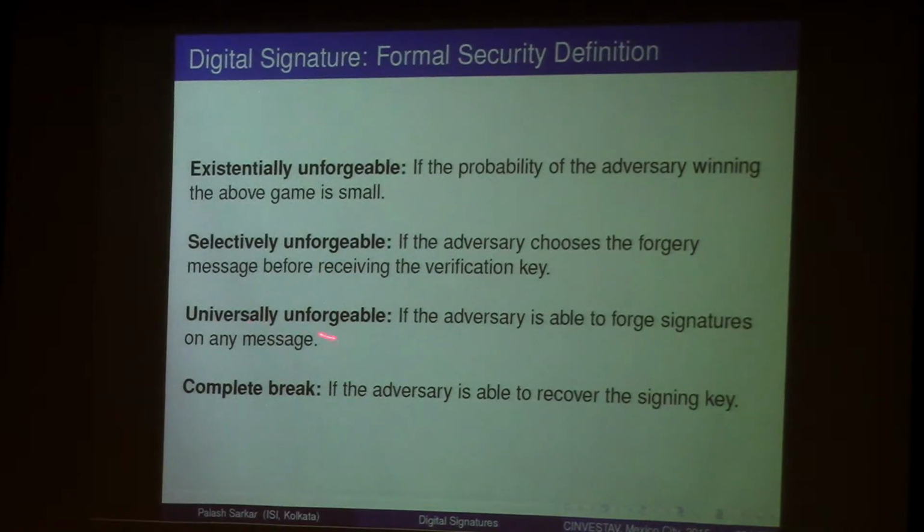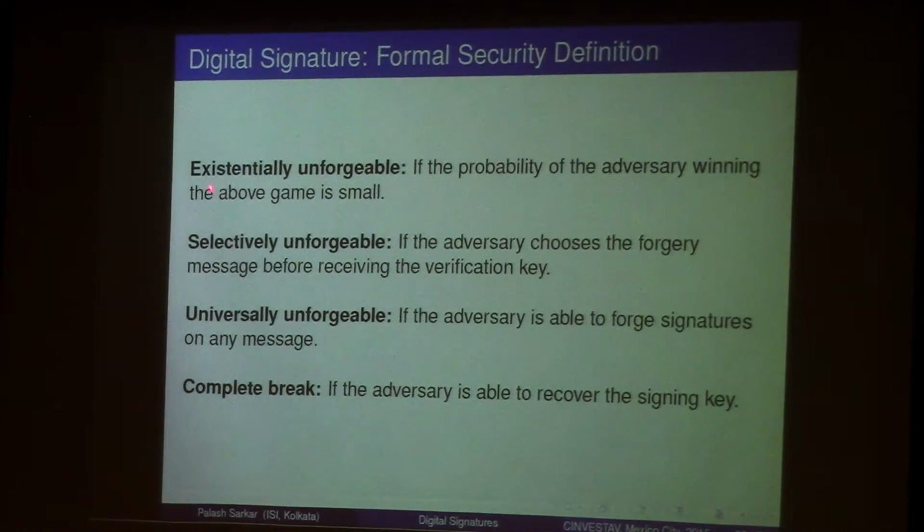Well, this is universally forgeable if the adversary is able to forge signatures on any message. And a complete break is if the adversary is able to recover the signing key, then of course it can sign any message of its choice. That's the complete break of the signature. So these are the four kinds of security notions that one would associate with the signature scheme.